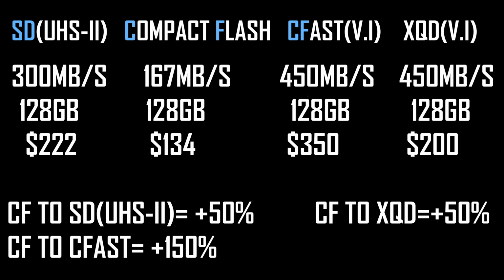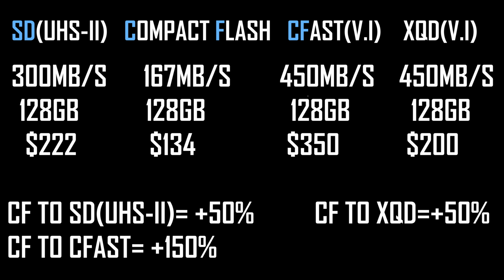Now, if we go from CF to CFast card, we're looking at a 150% increase in price. Does that mean a 150% increase in performance? I'm starting to like the CF card, but now we have to switch.